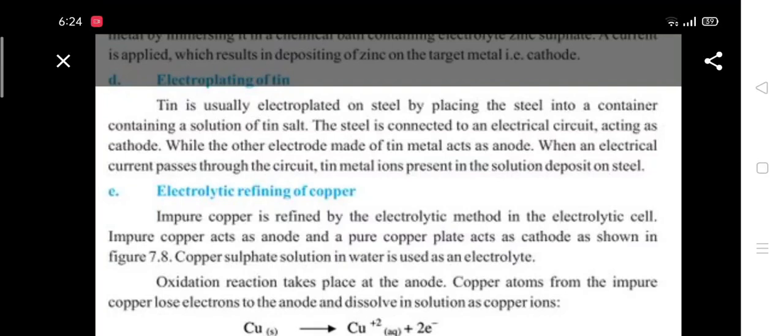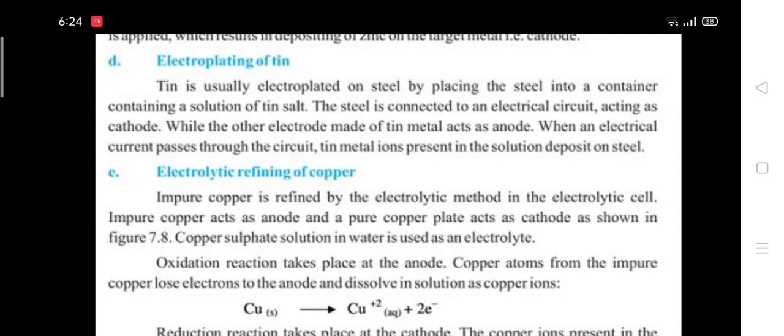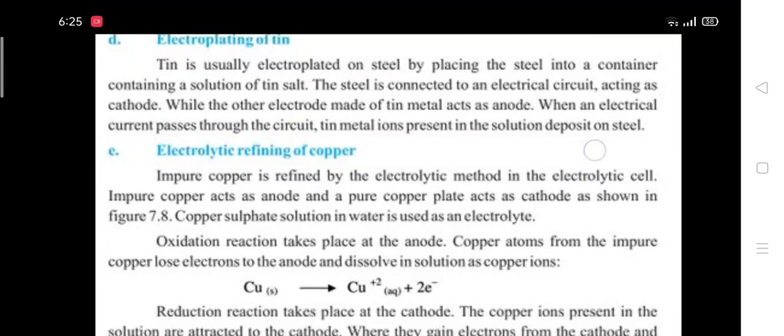So when we apply electricity, impure copper will dissolve and will oxidize to form copper plus 2 ions, and as iron when it gains plus 2 charge converts into ferrous ion, similarly it will convert into cupric ion, and pure copper will migrate towards the cathode and will deposit on the cathode, which already has pure copper metal, and impurities will dissolve in the solution and be left behind in the solution.